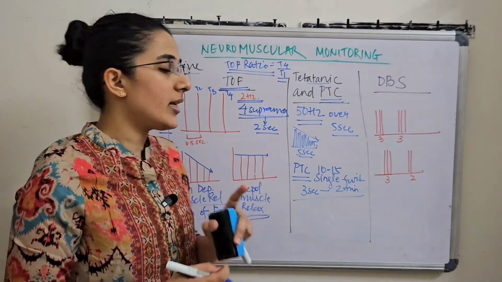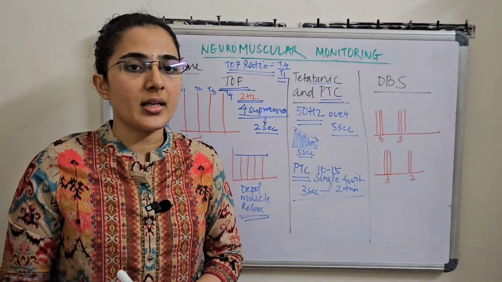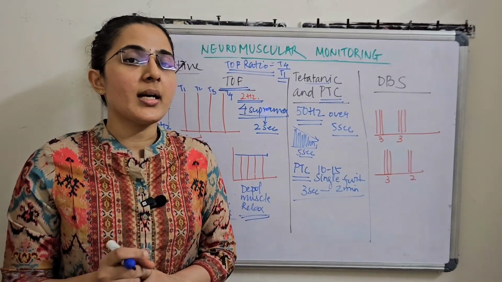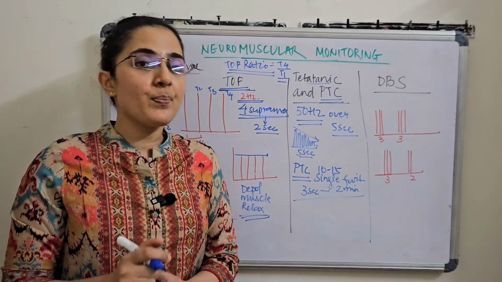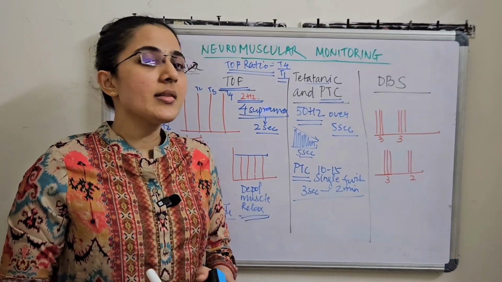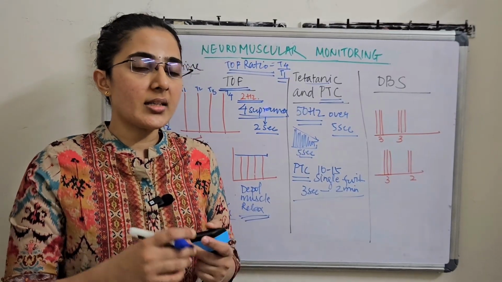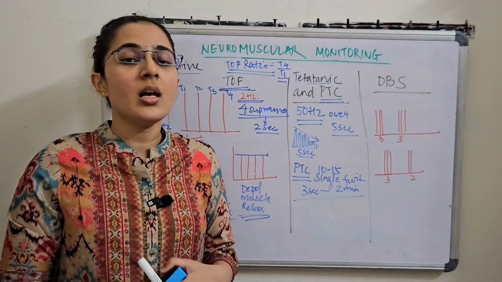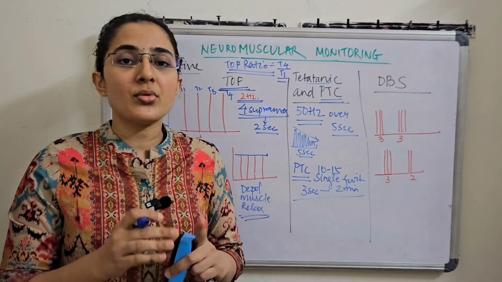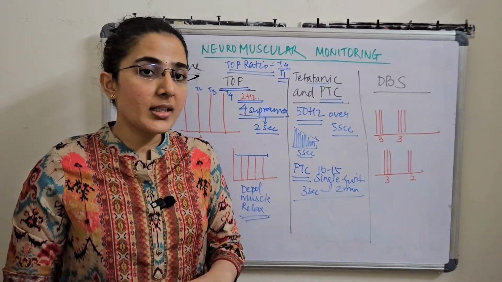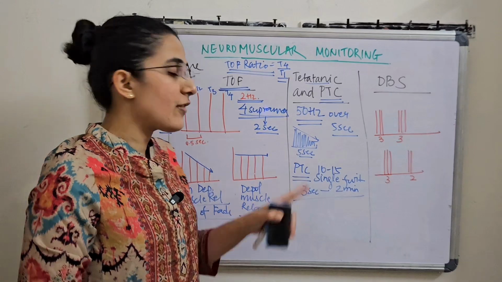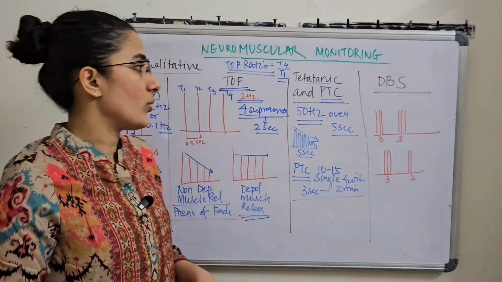The advantage is that it helps us to determine intense and deep block, especially in surgeries which require extreme depth of anesthesia, where there should not be any movement to tracheal stimulation or diaphragmatic movement. We have to look at the post tetanic count.